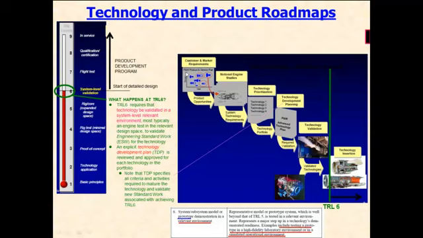Then it comes into the product and service plan. Product opportunities are born from the analysis of these requirements. And then what they call notional engine studies are done here.